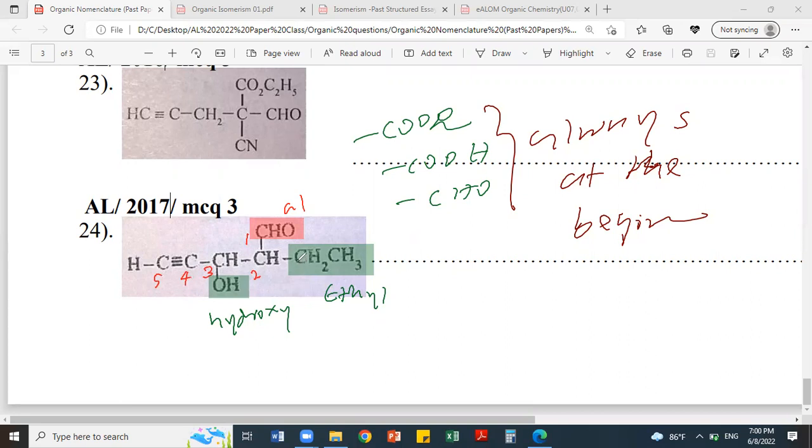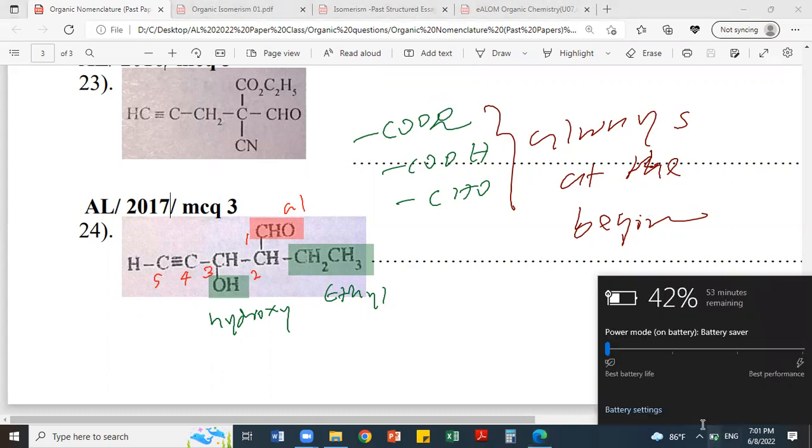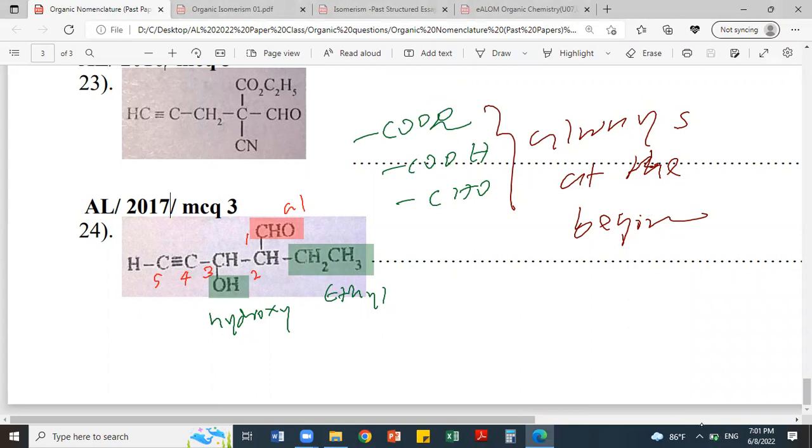Chanumi, when you're done, please post the answer on chat. Chanumi, are you still writing or shall I write it?